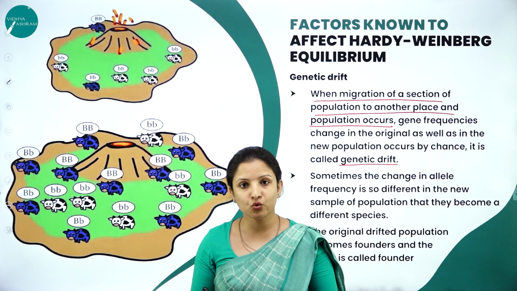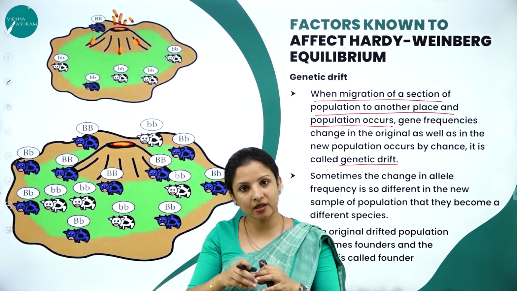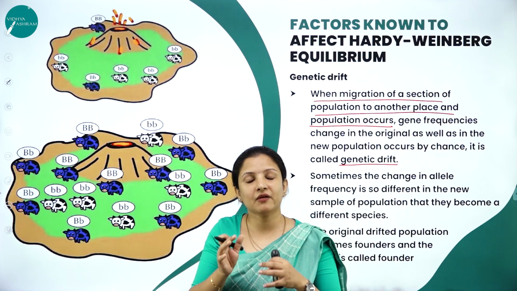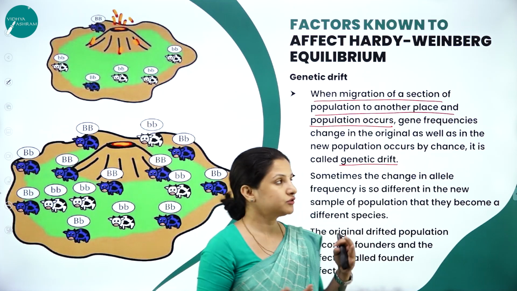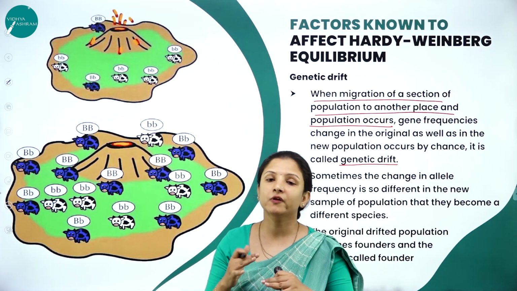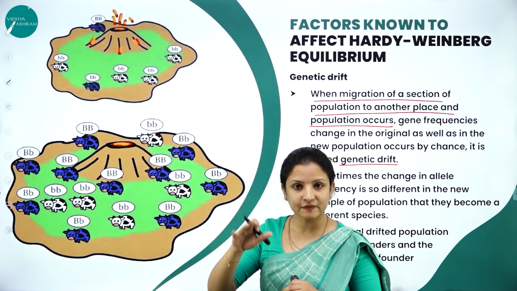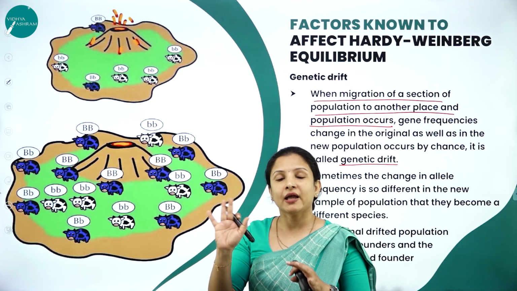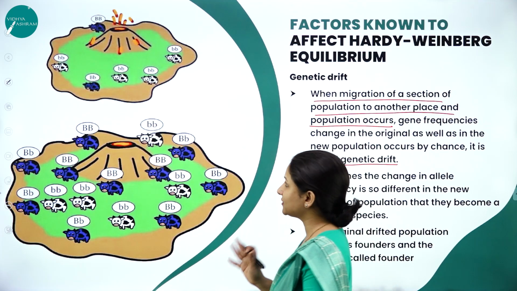When they shift to a new habitat, they will have to depend on the conditions of that particular habitat. Over a period of time, they will develop new features to adapt to that habitat. That is also called genetic drift. Or they will go to a new habitat where they will mate with organisms of the same species in that habitat, again leading to evolution. So this also affects Hardy-Weinberg's equilibrium.